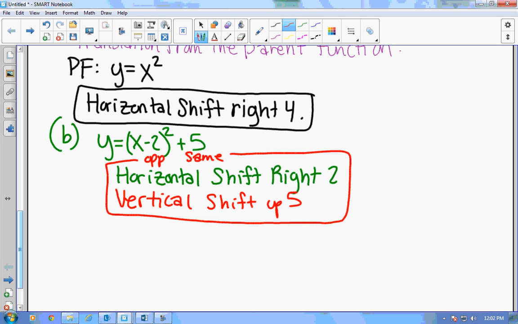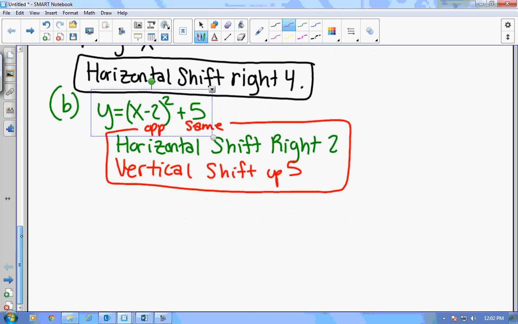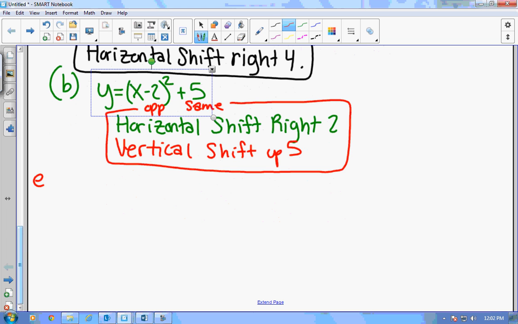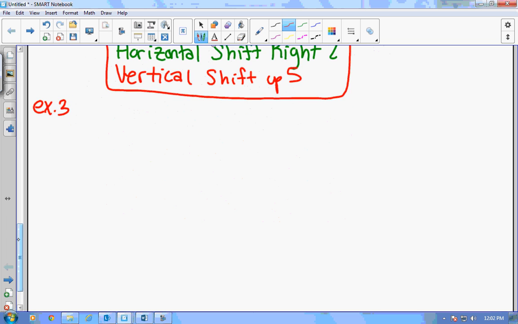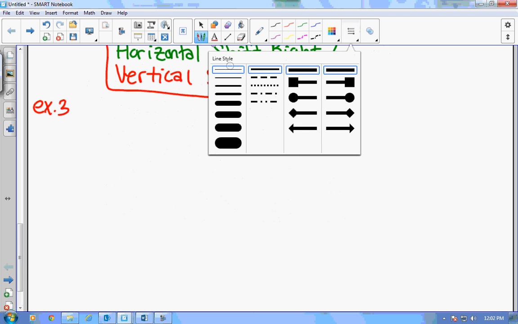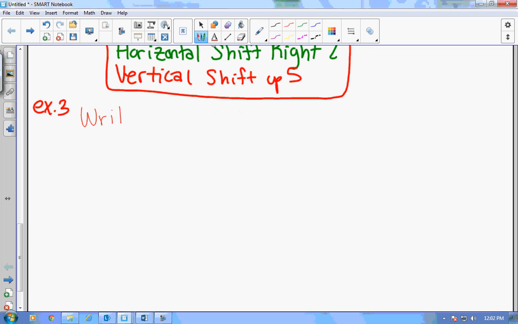All right, example 3. Now I'm going to give you the descriptions, and we're going to do it reverse. I'm going to give you what's in the box, and you have to write the equation with those translations. Yeah, it's gonna be fun. Math is fun. I enjoy it. Right, but we're doing it for multiple parent functions.